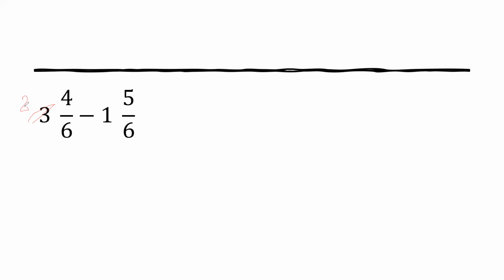Yung 1, pababariyahan natin. Ano yung denominator natin dito? 6 po. So kapag ang 1, pinabariya natin, that will be 6 over 6. 6 over 6, i-add natin sa 4 over 6, that's 4 plus 6.